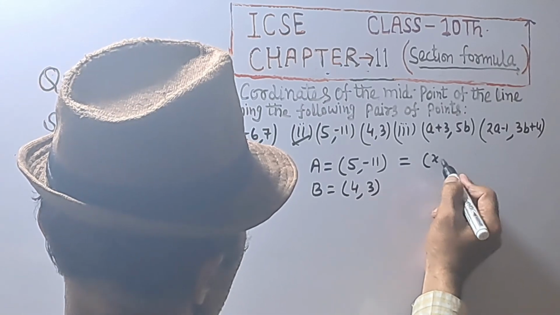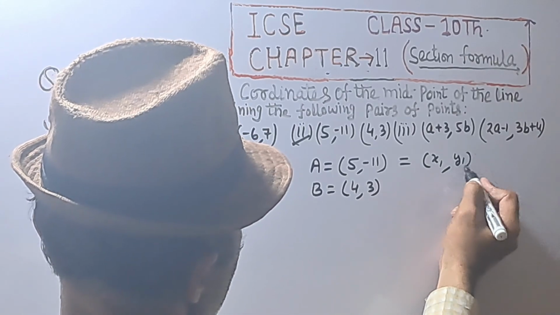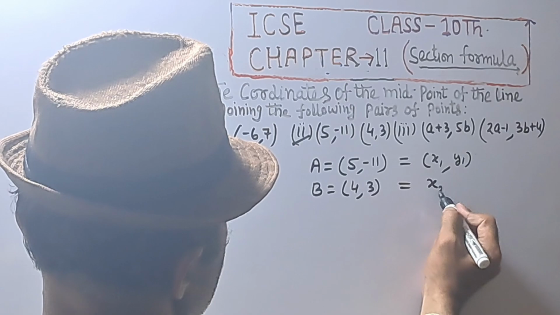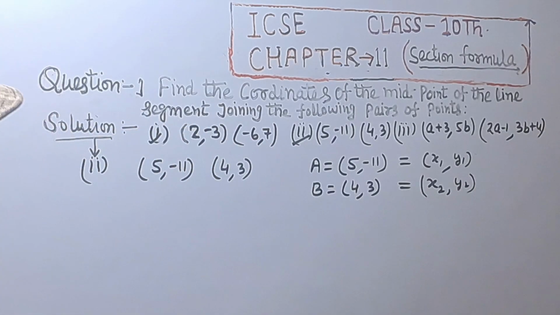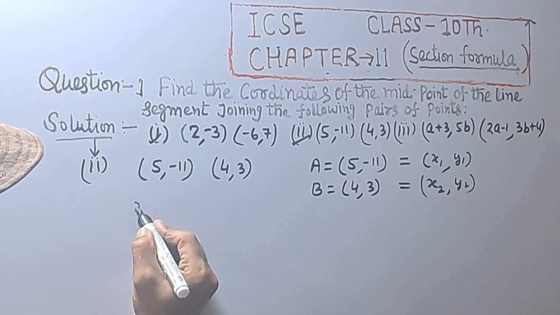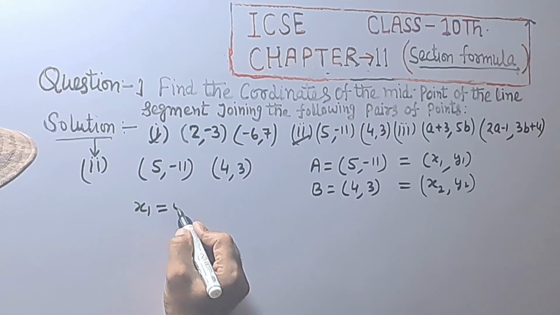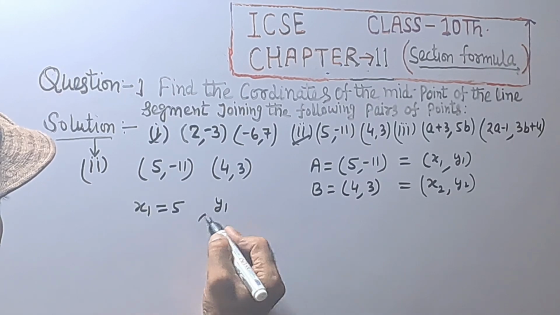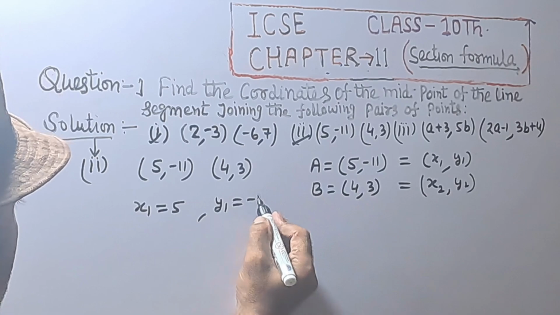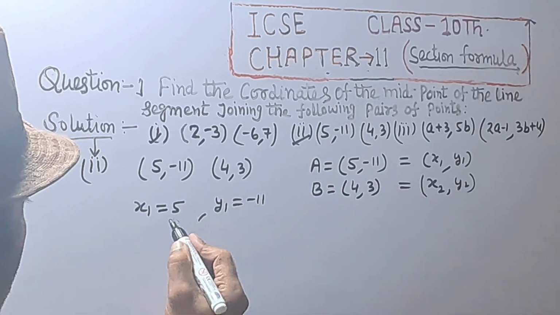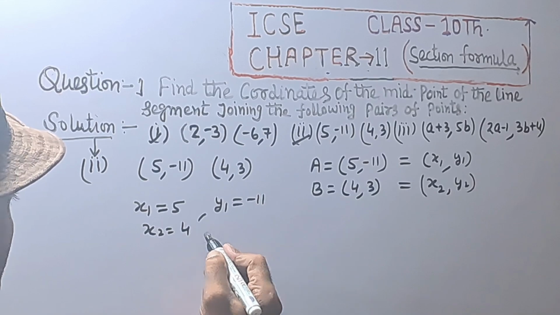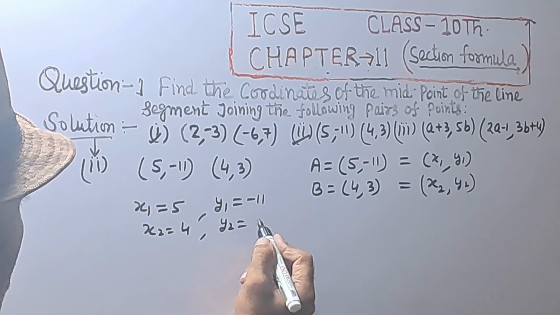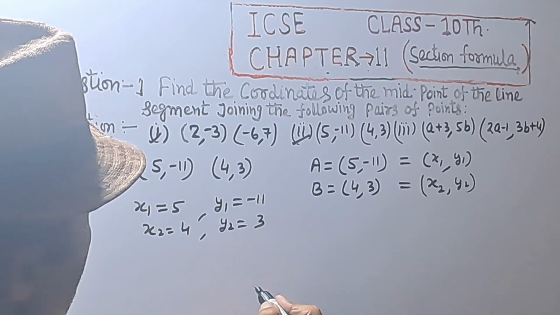That is x1, y1 and x2, y2. X1 is equal to 5, y1 is equal to -11 and x2 is equal to 4, y2 is equal to 3.